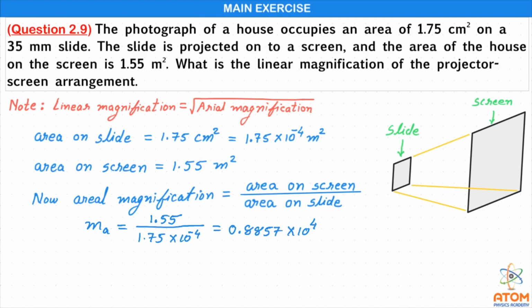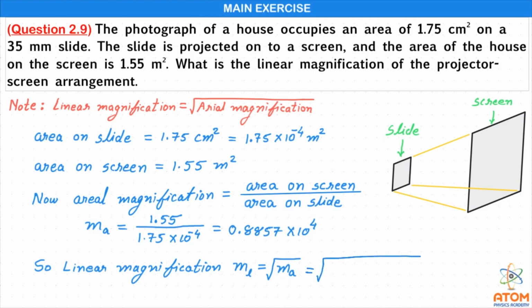Now we'll use the above equation for finding linear magnification. So I'll write linear magnification ML is equal to root of MA. But we know the value of MA now, so I'll put that value under root of 0.8857 multiplied by 10 raised to 4.